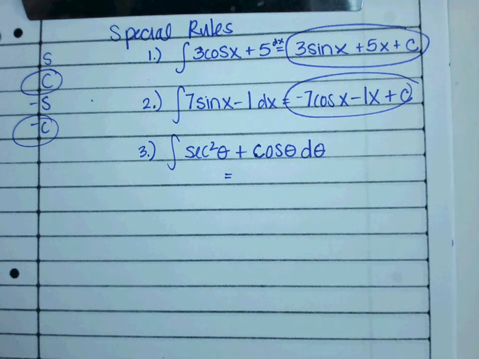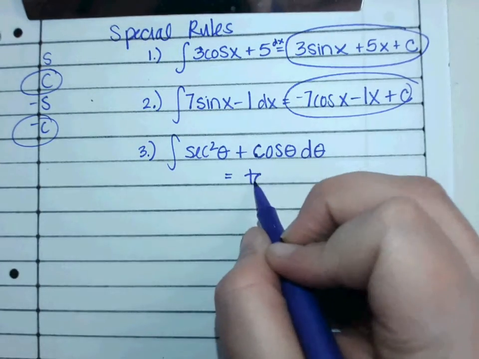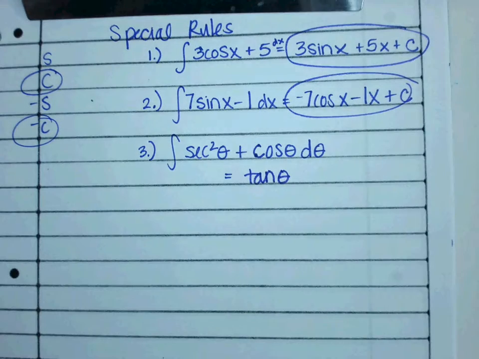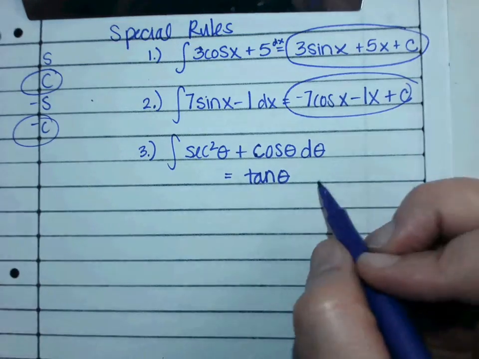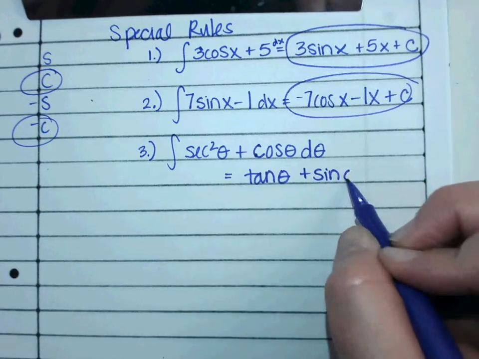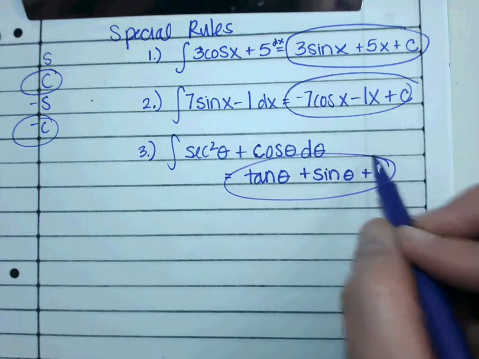We just have to use all the same rules, but they're backwards. Which function, when I took the derivative, did it give me secant squared? Tangent. So that'd be tan theta. Then what's the antiderivative of cosine theta? Sine theta. Plus c. Make sense?